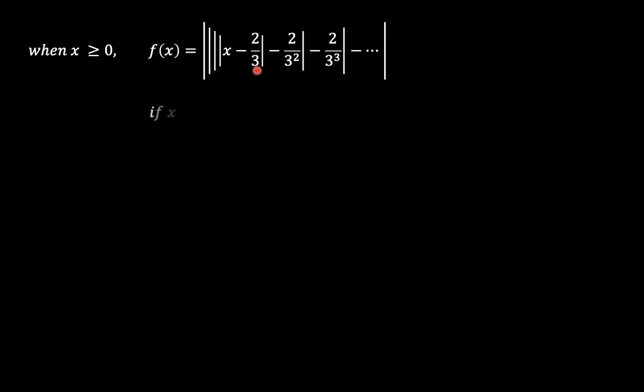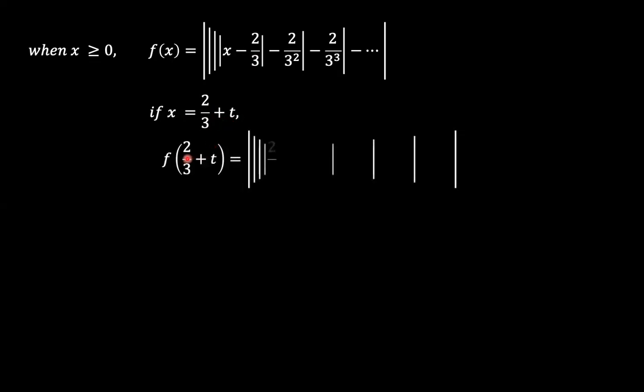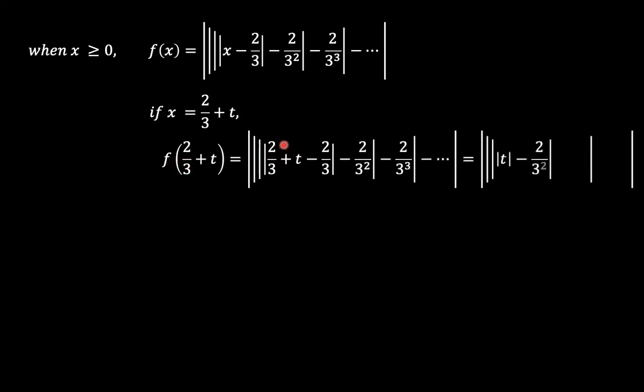And that we can show by saying let x equal 2/3 plus t. Then that means it's 2/3 plus t inside f. We plug it in place of x. The 2/3 cancels out, and so we're left with the absolute value of t minus 2/3 squared, absolute, and so on and so on.